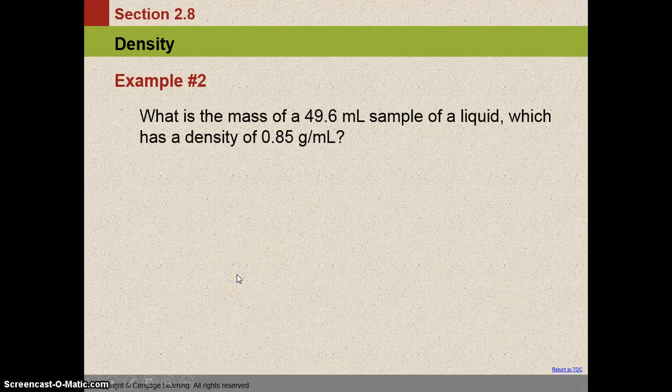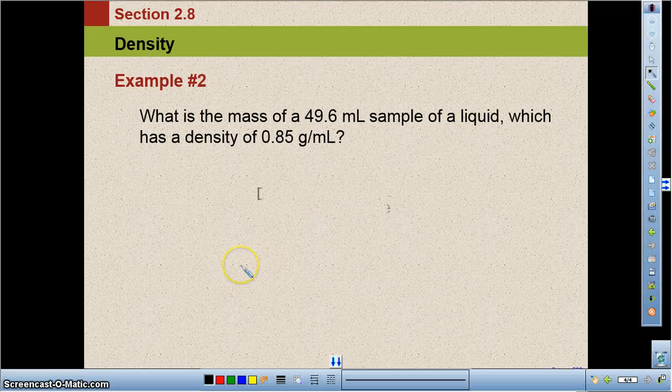Let's look at a second example, and let's go ahead and start with writing down our formula again. You see part of it down here. It's density equals mass per unit volume. Okay, so let's write down the information that we have.